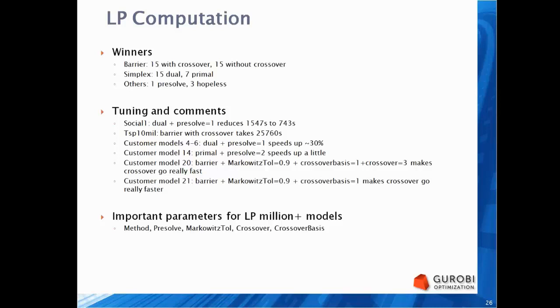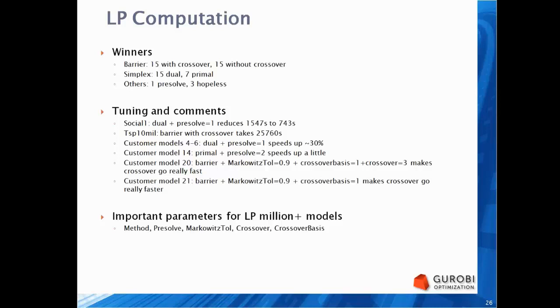You can speed up. And for custom models 20 and 21, if you look at the log, barrier solves them nicely, but it blows up in crossover. Then I tried some parameters like Markowitz tolerance and crossover basis, and I was able to speed up crossover a lot.